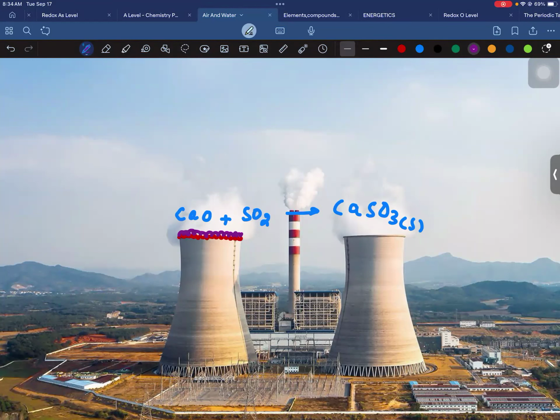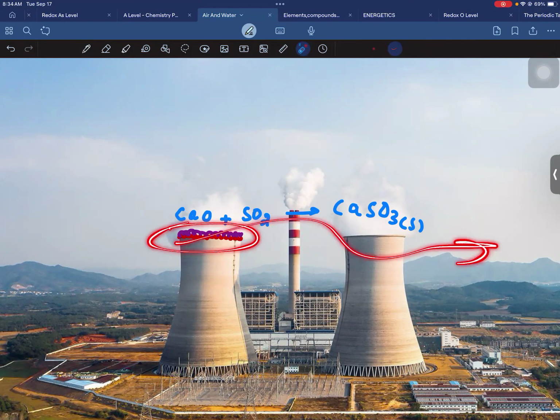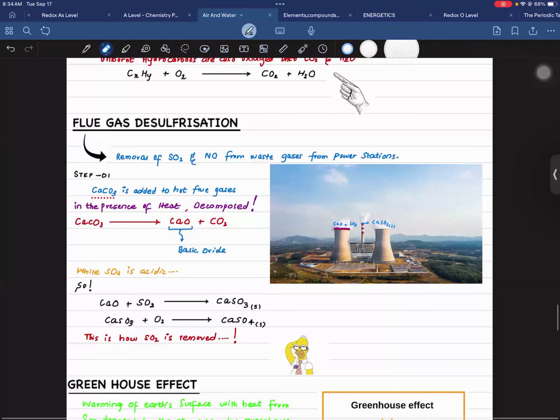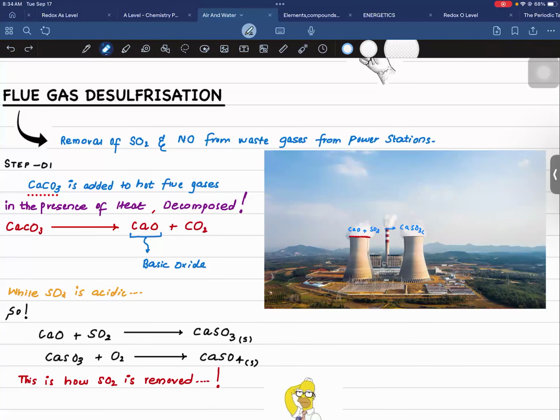Just remove it. So this is how we are going to remove the sulfur dioxide. Basically, we have converted this gas into a solid, calcium sulfite. And CaSO3 is produced by the reaction of CaO with SO2. From where did the CaO come? You will say, the decomposition of calcium carbonate. That's it.